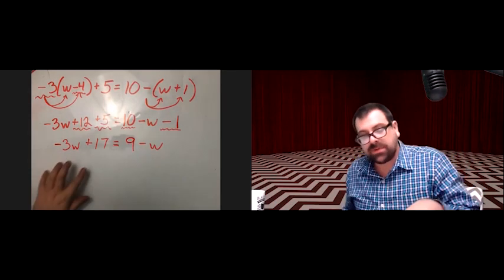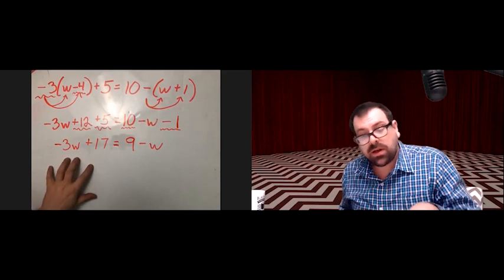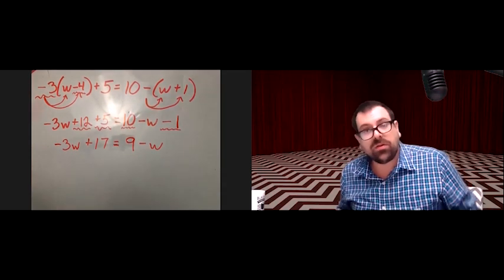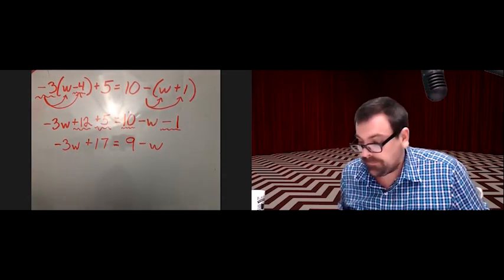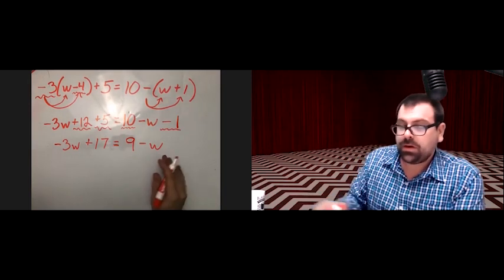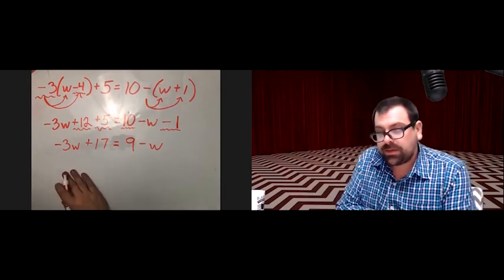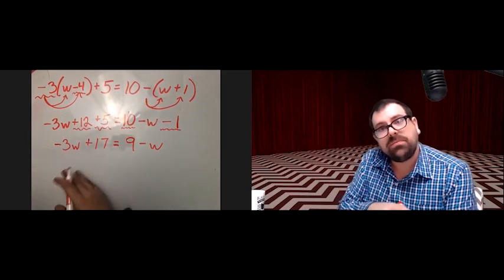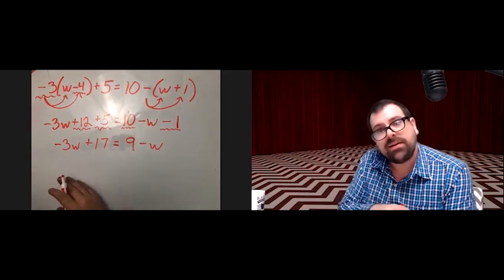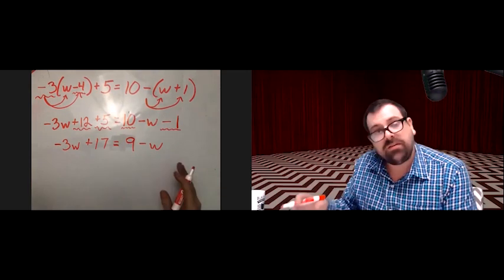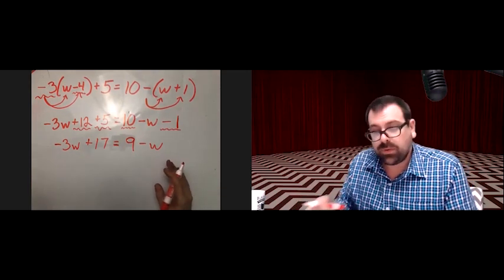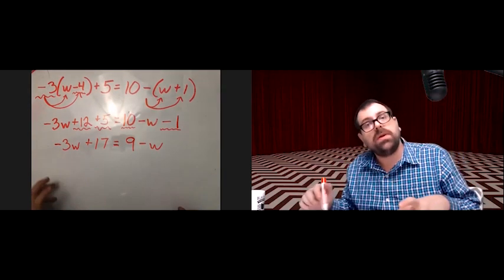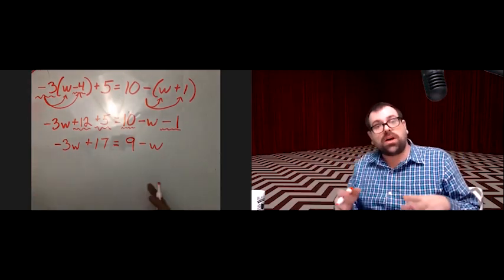Okay, we cannot simplify the left anymore, and we cannot simplify the right anymore. At this point, our next step is to get all of the variable terms on one side and anything without a variable on the other. But we can't just pick them up and move them. We have to use our opposites.